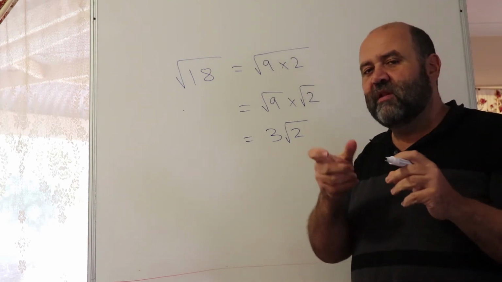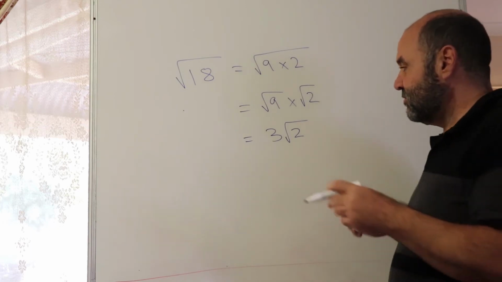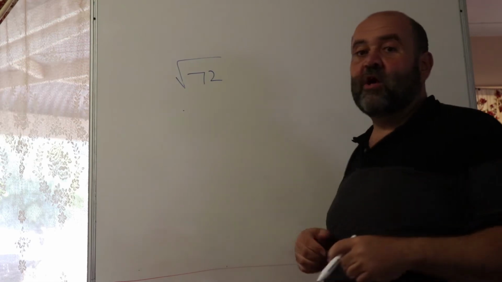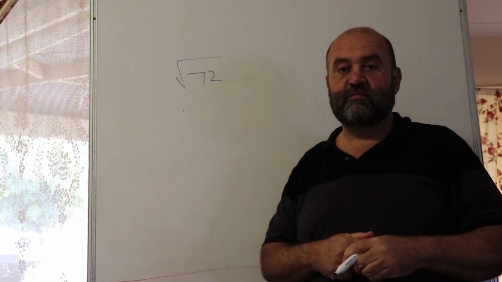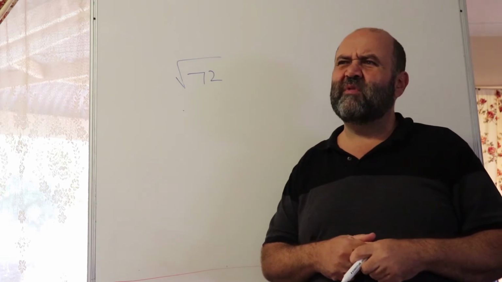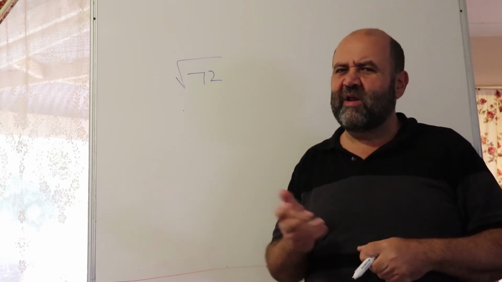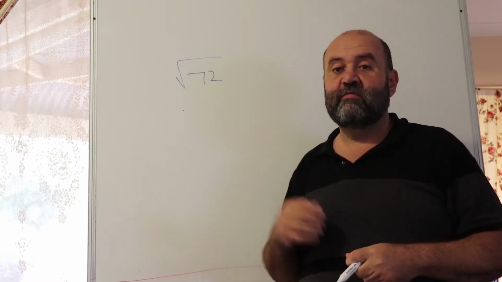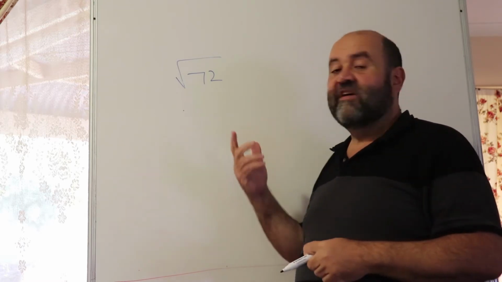Let's do one that might be a little tiny bit more involved. So let's say I want to get the square root of 72. Okay, well, we've got a bit of a problem now because there's lots of square numbers that go into 72. 4 goes into 72, and 9 goes into 72.